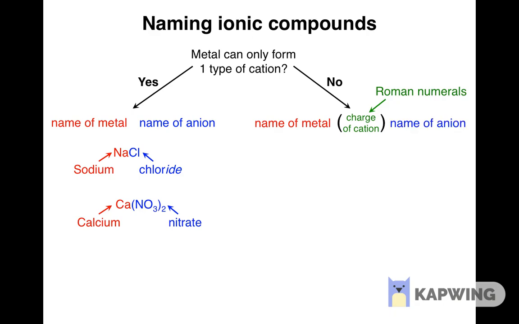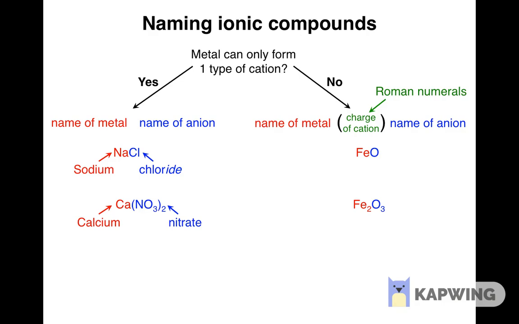For example, we looked at two compounds formed by iron, a transition metal that can form more than one type of cation, and by oxygen, FeO and Fe2O3. We know that oxygen can only form one type of ion, O2-.